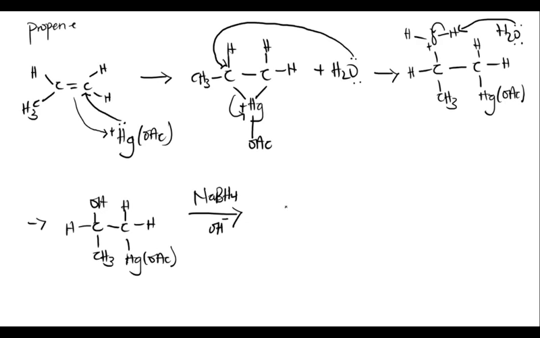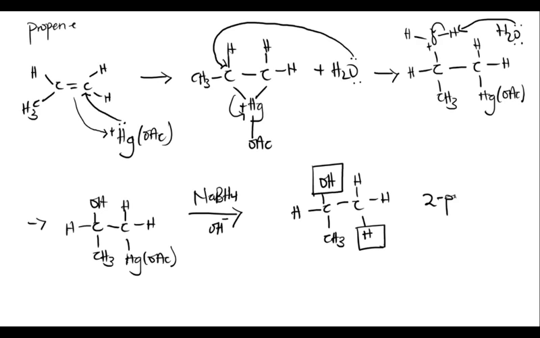And so when we do that, this is the product that we get: hydrogen here, and we have our OH over here, then we have the CH3 group at the bottom, and we have the hydrogen here, hydrogen over here. Okay, so you could see that the OH that we are adding is at the top, the hydrogen that we are adding is at the bottom. Okay, and so this is our product, and the name of this product is 2-propanol.